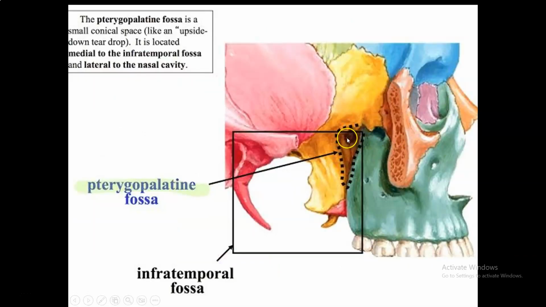Here again, here are the boundaries, and you find the communications. Of course, here is the pterygomaxillary fissure.